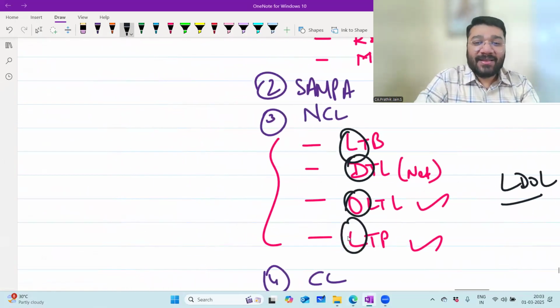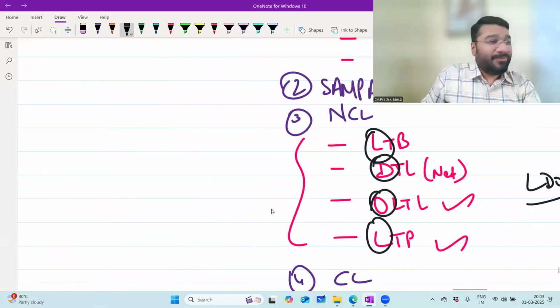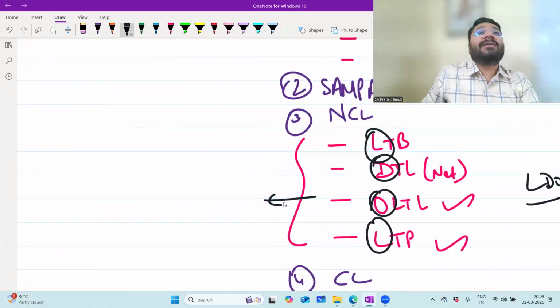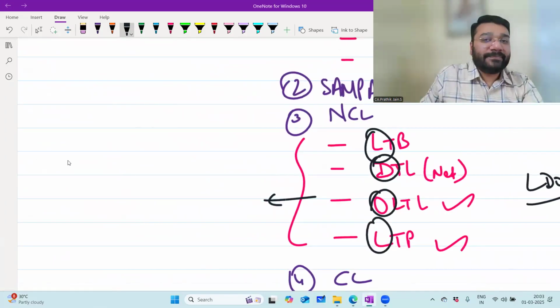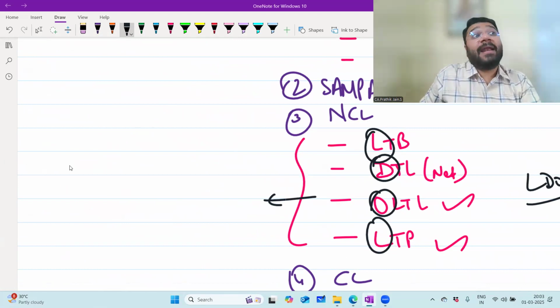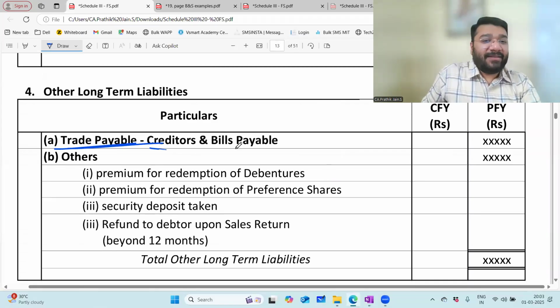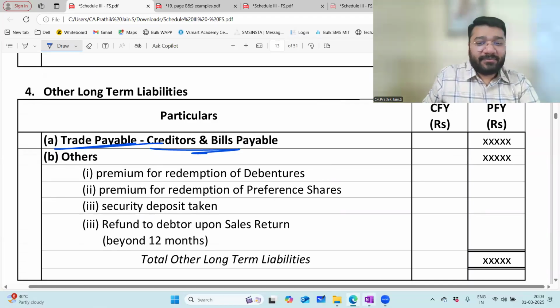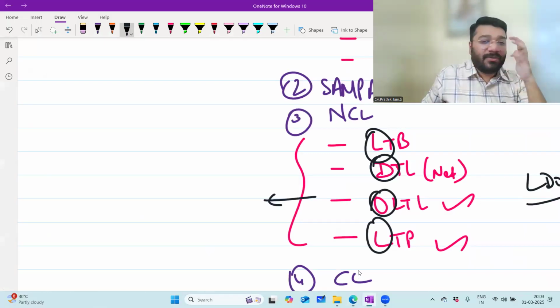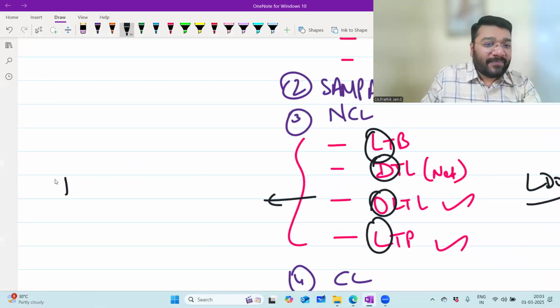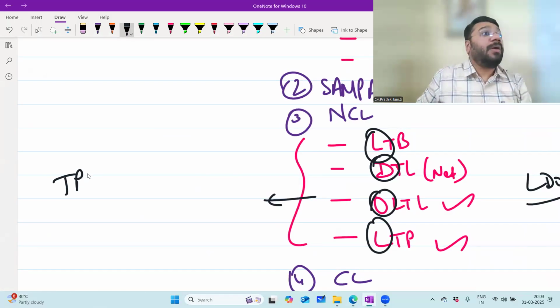Now, other long-term liabilities. Trade payable: long-term creditor payment, long-term bills payable payment.